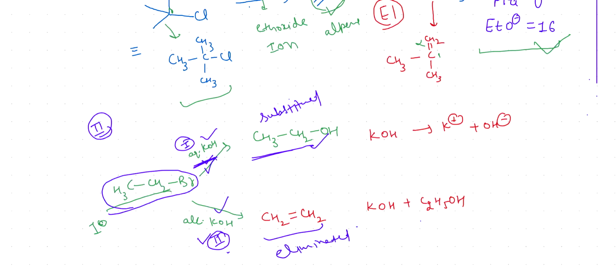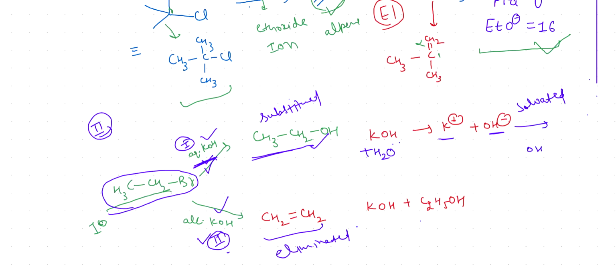In the case of aqueous KOH, what is happening? KOH is potassium hydroxide. We know it comes in the form of pellets, solid pellets, meaning it's a solid substance. When it is dissolved in water, what happens? It is ionized and leads to the formation of K positive and OH negative. Further, it gets solvated, meaning it is surrounded by the opposite charges of water molecules.